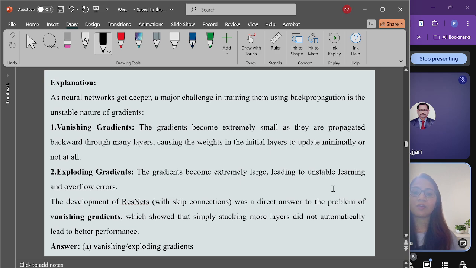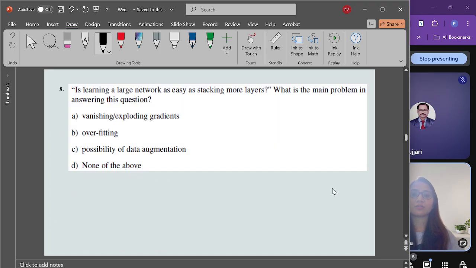That means the gradients become very small or extremely large. This is the problem in a neural network when it gets deeper. So option A is the correct answer for this question. The main problem with stacking more layers is a vanishing or exploding gradient.